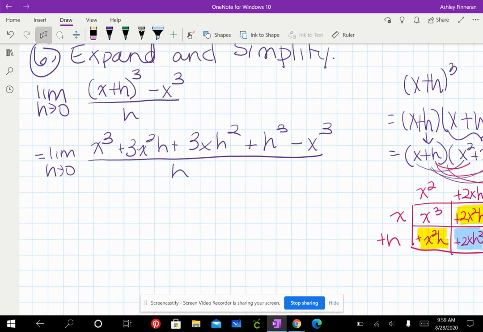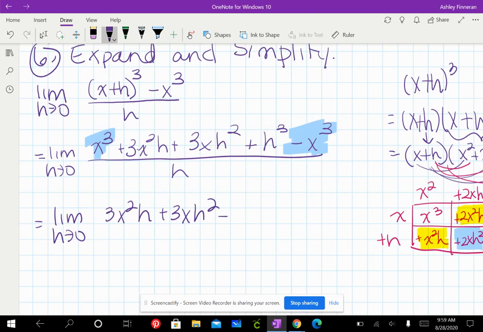So now I hope that you notice x cubed minus x cubed, those just cancel. So I have 3x squared h plus 3xh squared plus h cubed, all divided by h.